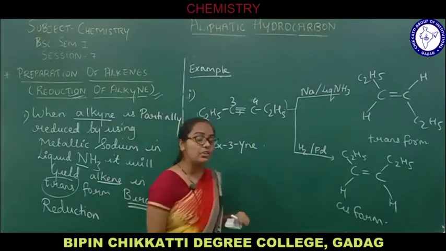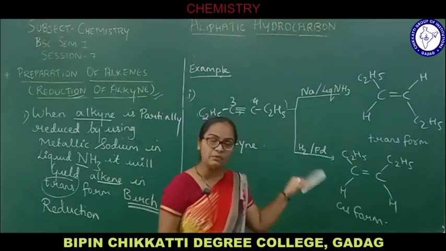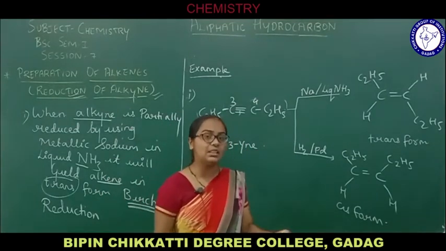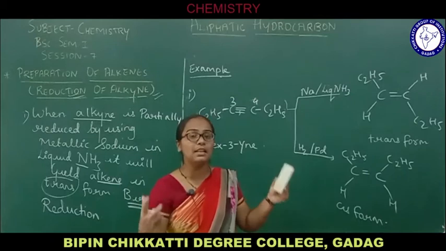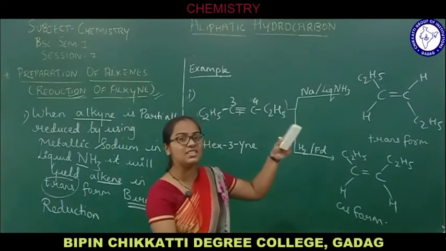One additional thing I would like to say: the trans form of the product that has been formed is quite stabilized because the two bulky groups, two alkyl groups, are present on the opposite side.